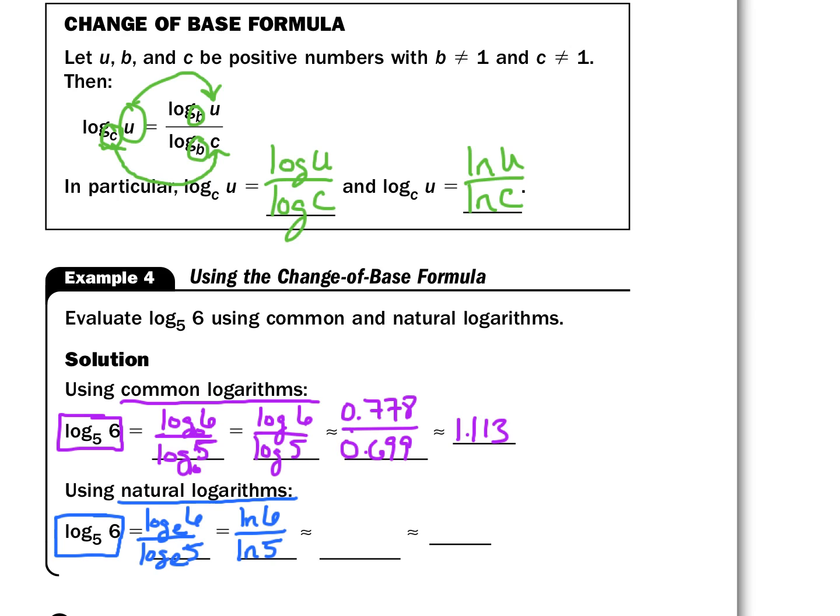And again, the natural log of 6 this time is 1.792 over the natural log of 5, which is 1.609. And if you punch that on the calculator, lo and behold, you get 1.113. Okay, and that's the change of base formula. And that takes care of 8.5.